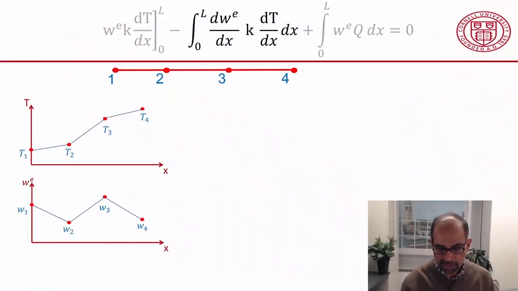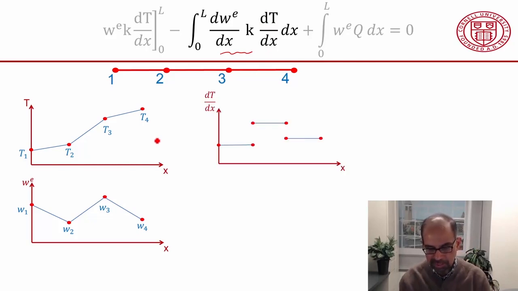Let's now take a look at the second term in the weak form. That's this term over here, and it involves the derivative of the weighting function as well as the temperature. So my temperature variation is that, and the corresponding variation of the derivative of the temperature is that.